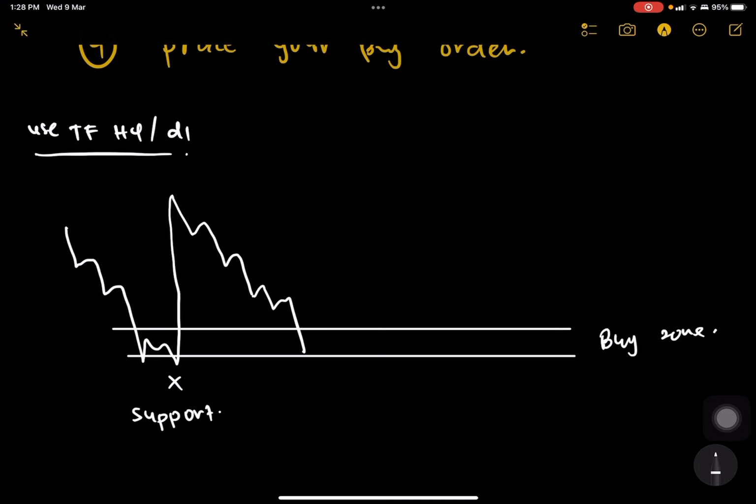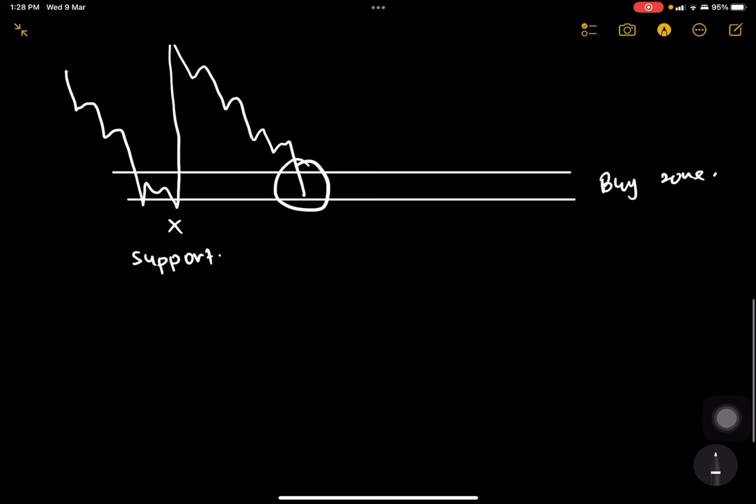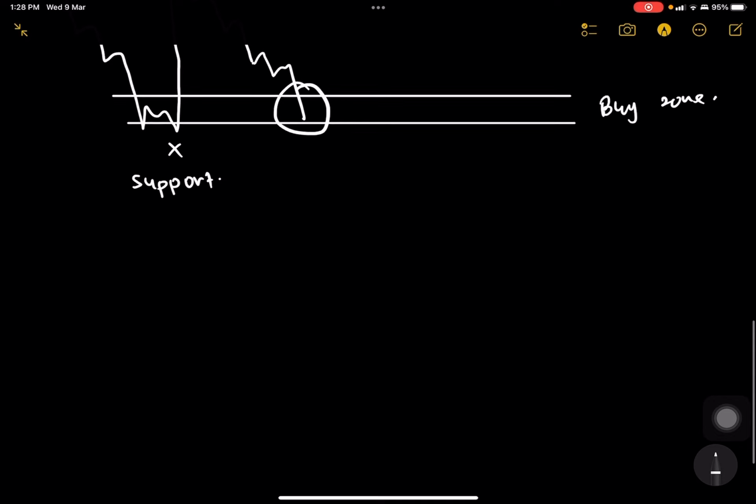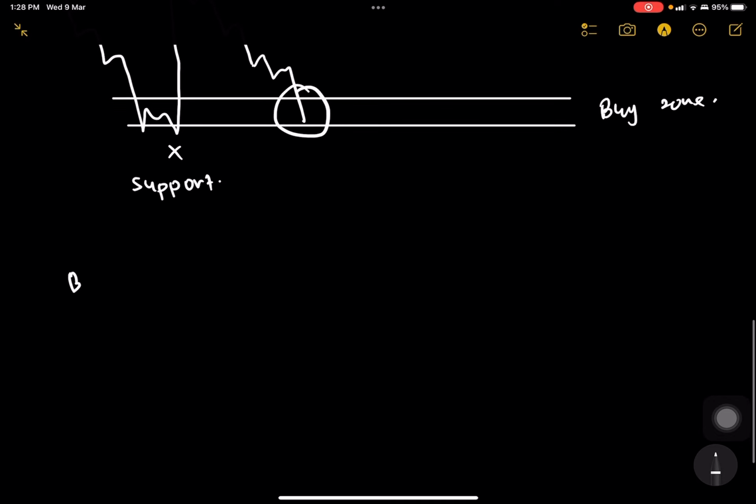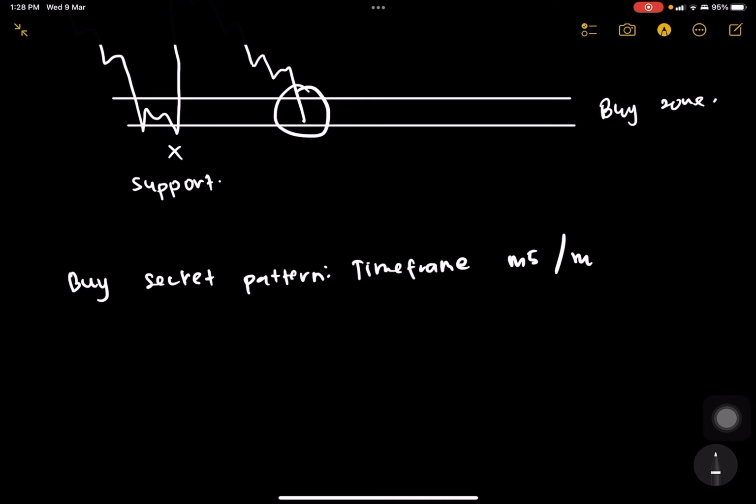So after the price comes to the zone, which is it reaches here, you need to find my secret pattern. How does my secret pattern look like for buy? This secret pattern you need to find in time frame M5 or M1, minute 5 or minute 1.